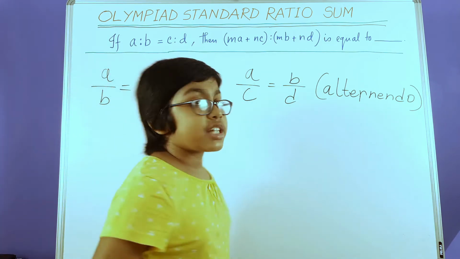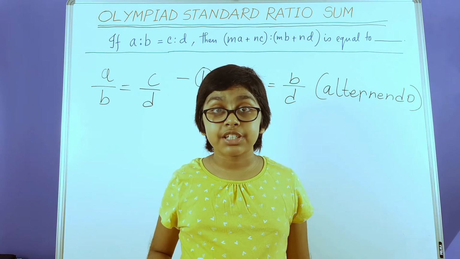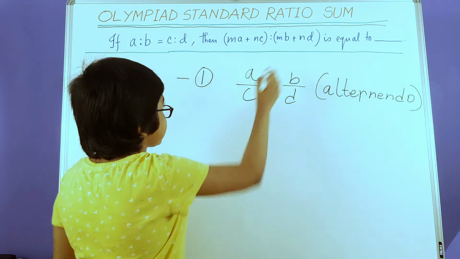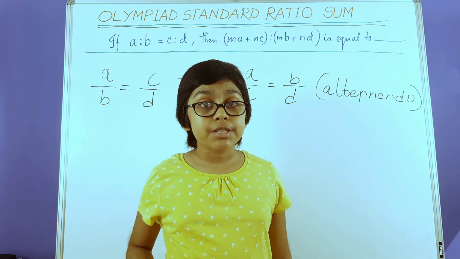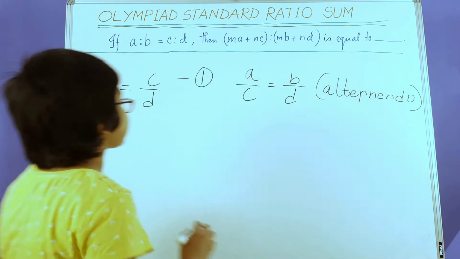Now, to compensate, we need to do two things. The first thing we need to do to make it into this form is to multiply the fraction M by N to these two fractions. Let us see.